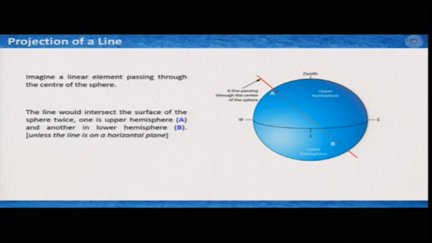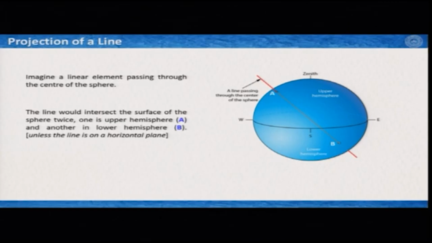The fundamental of plotting a line in the stereo net is that you have a line which is inclined, and you have to pass this line through the center of this sphere and also through the center of this primitive circle or projection plane.